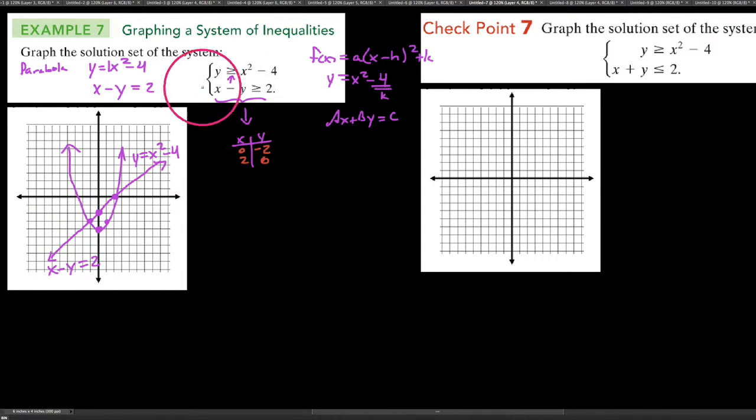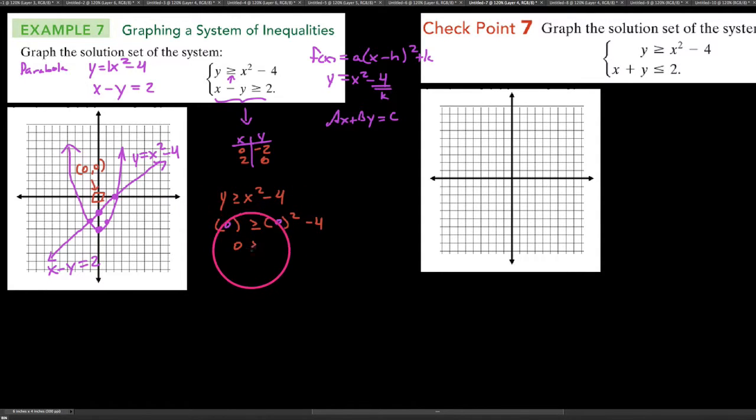With respect to the system solutions, we could test a point on both of these and shade appropriately, but what we're looking for are the common solutions. The solutions to the system are where these two graphs shade together. We'll pick a point to test, and 0, 0 is on neither of these graphs, so it's clearly on one side of each. Testing in our original inequality, y is greater than or equal to x squared minus 4, we substitute y is 0 and x is 0.